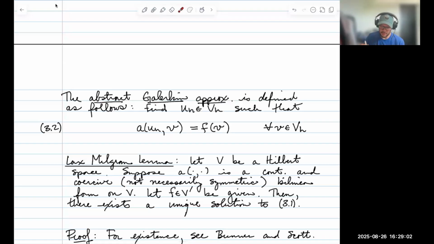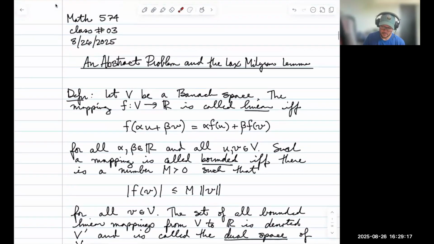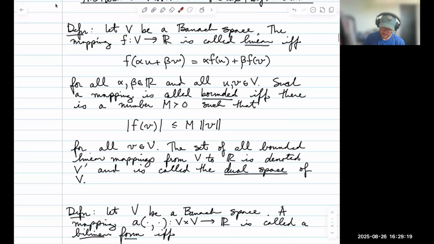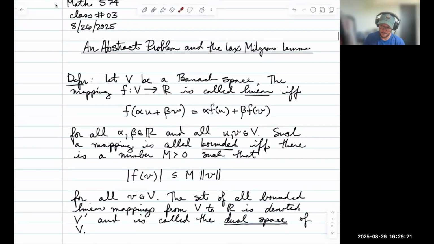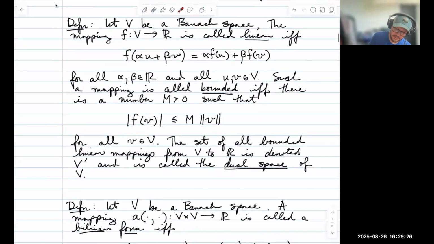Again, all that we're assuming about A is that it's a continuous coercive bilinear form. F is an abstract object called a functional, right? Actually, I didn't call it a functional, did I? These functions F are called functionals.